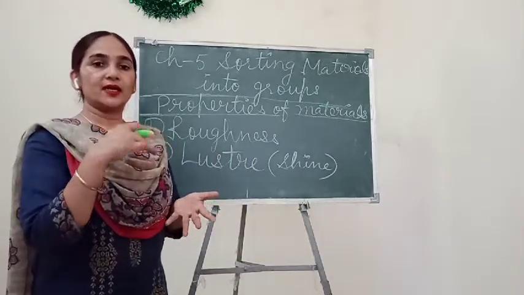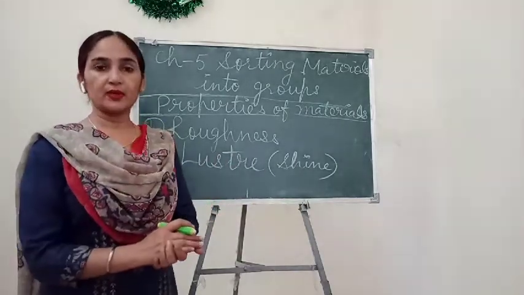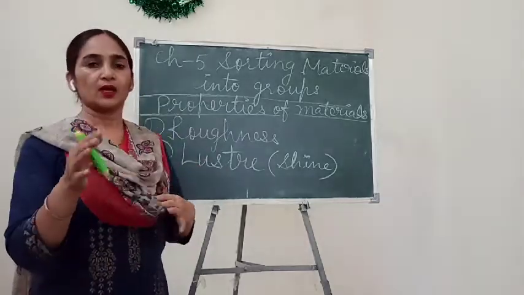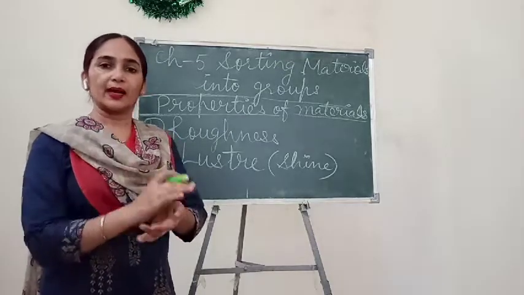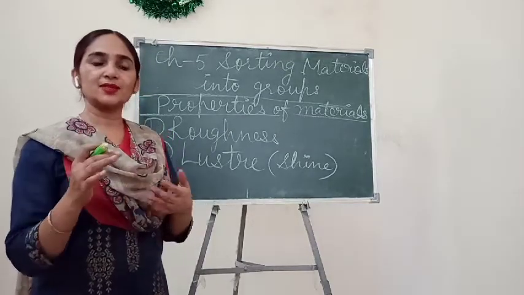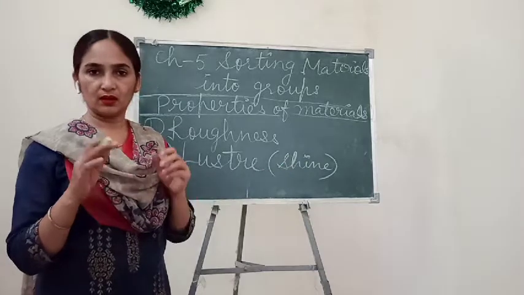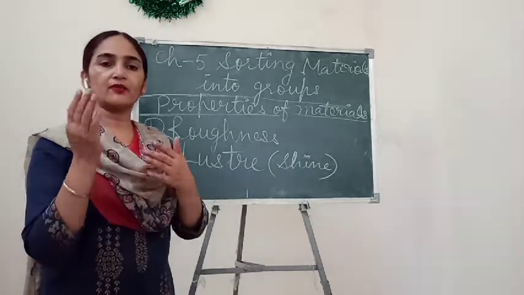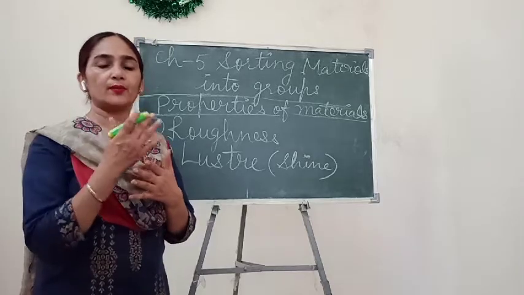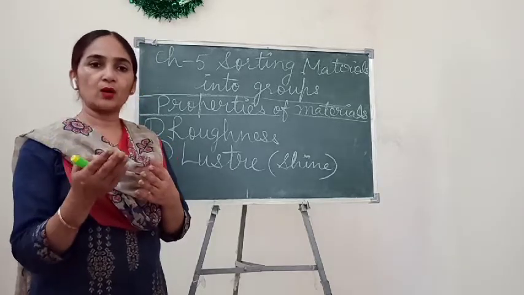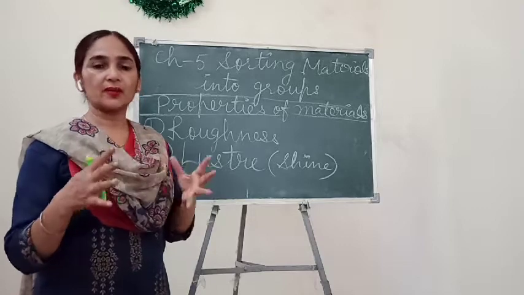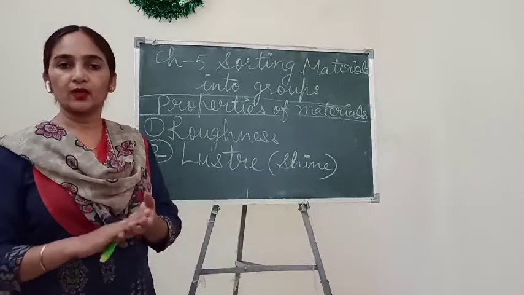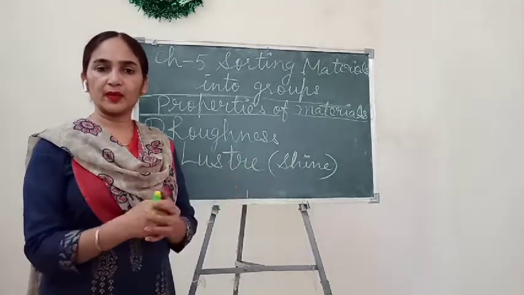Just like we have studied in the chapter Fiber to Fabric, just before this chapter, we have seen that silk fibers are shiny in nature, and as compared to silk fiber, if we talk about cotton or coir, these fibers are not shiny at all. So on the basis of their shine also, we can separate both the fibers.